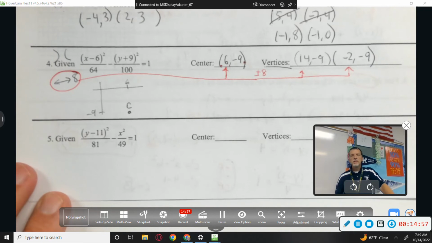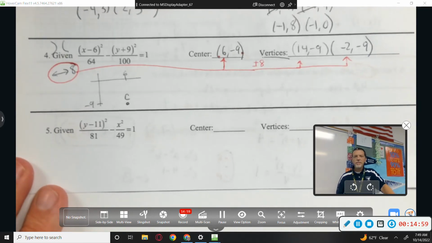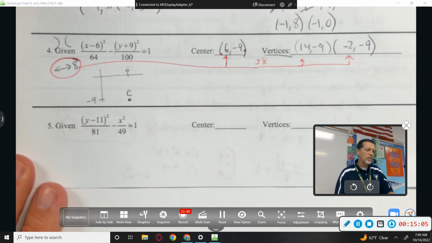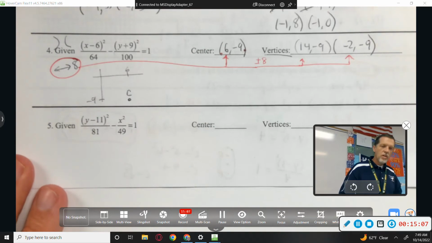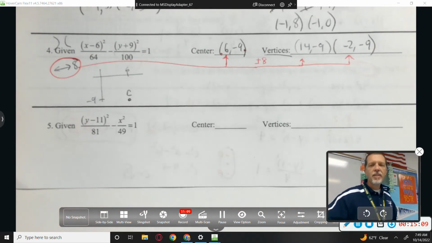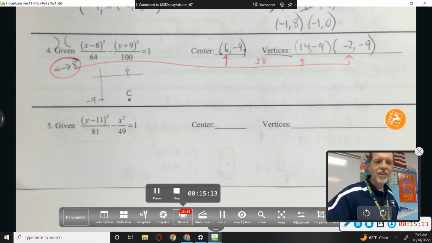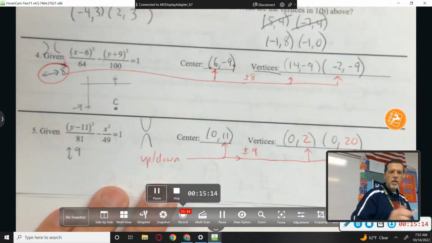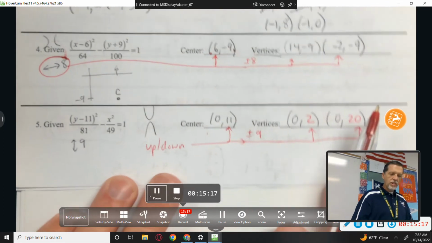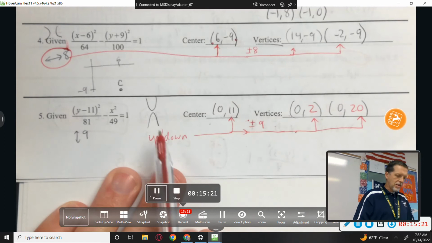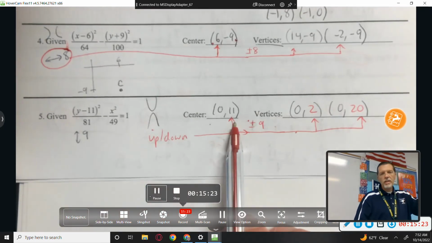So you can kind of graph it, but you don't need to graph the whole thing if you're just asked for the vertices. Why don't you try number 5? Just be careful. So there's the center, 0, 11, 2 vertices because you're going up and down 9. It's up and down, so you're adjusting the y coordinate.